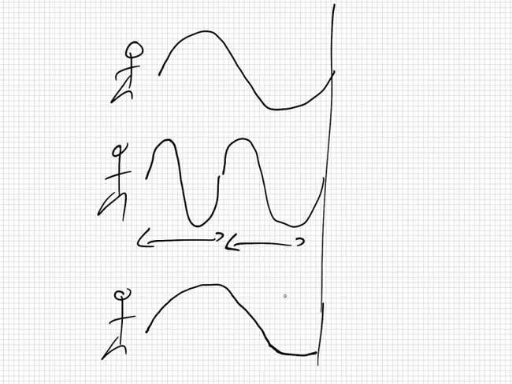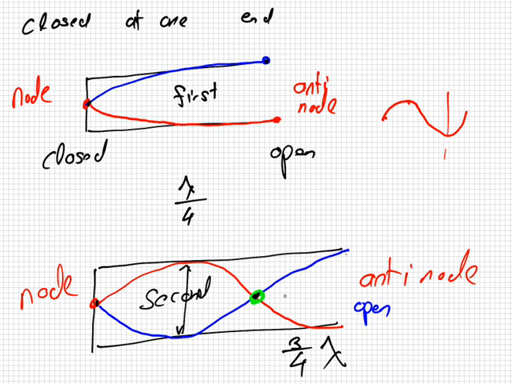So this is the smallest wave I could draw because I must have an anti-node here. Anti. Can you see that? Anti. How many nodes do I have? Two. Here and here are my nodes.